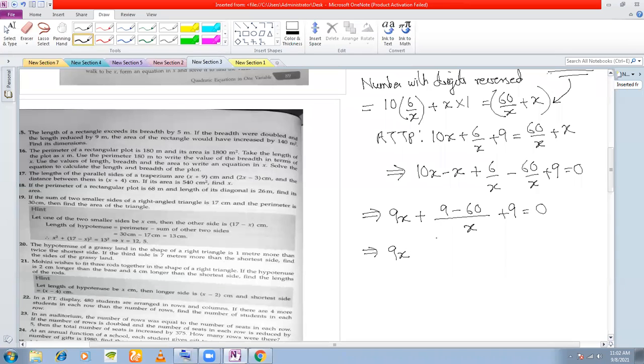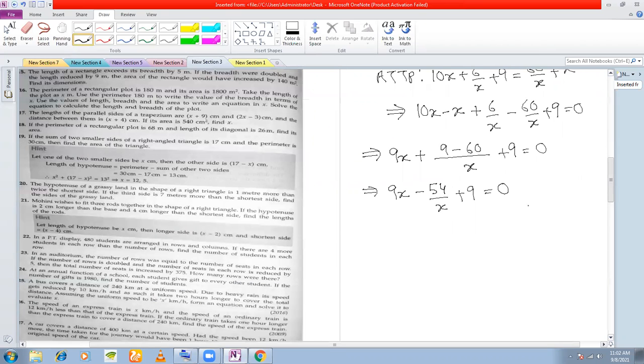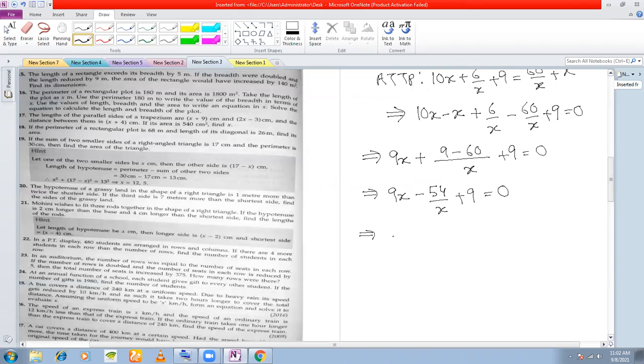Since 9 minus 60 is minus 54, we get 9x minus 54 by x plus 9 is equal to 0. Now you take the LCM. You get 9x square minus 54 plus 9x is equal to 0. Now you cross multiply. You'll get 9x square plus 9x minus 54 is equal to 0.